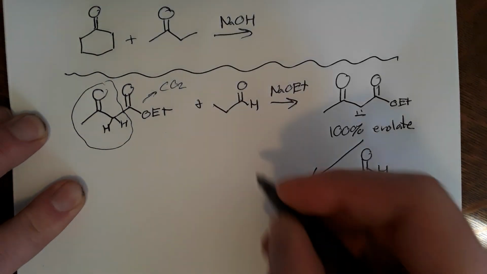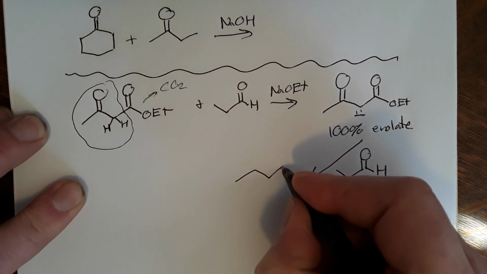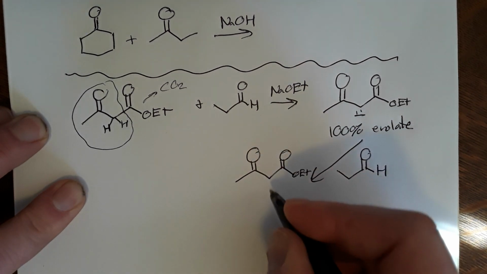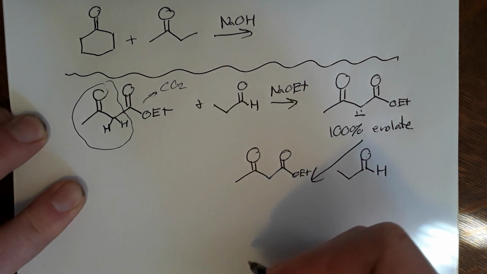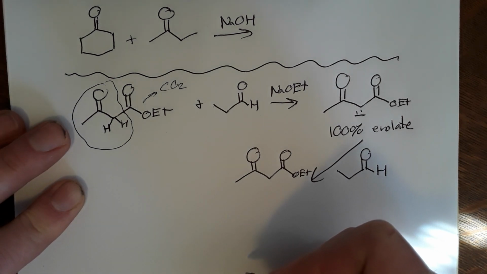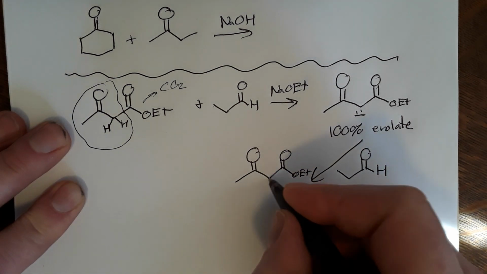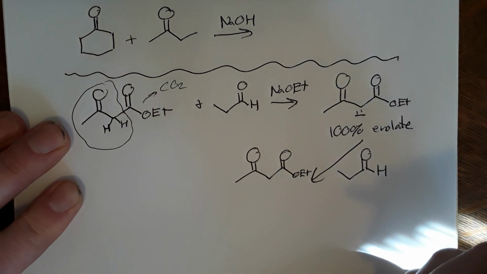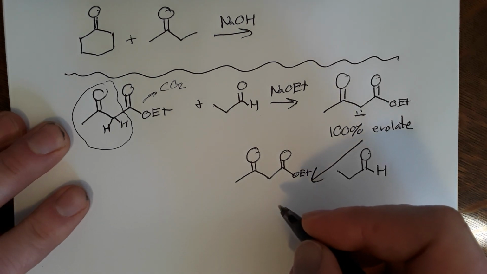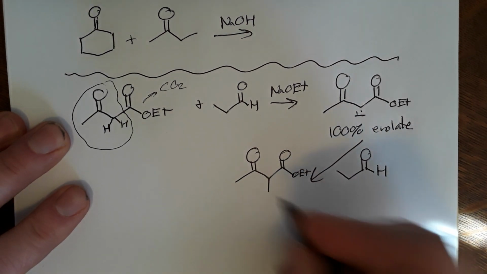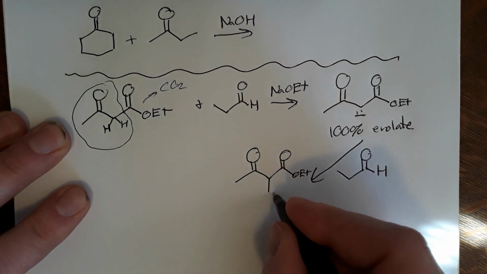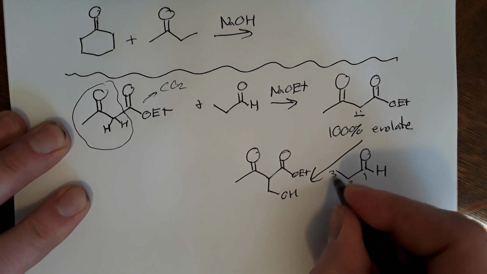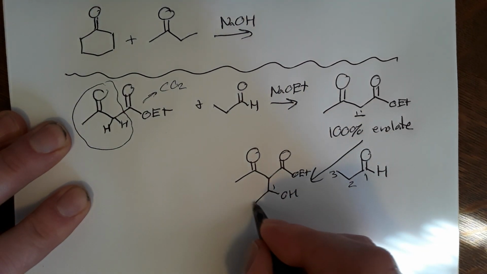And so what's the product of that reaction? Before we do the decarboxylation, at least initially, we're adding to carbon number 1 of our propanal here. So here's carbon number 1, 2, 3.